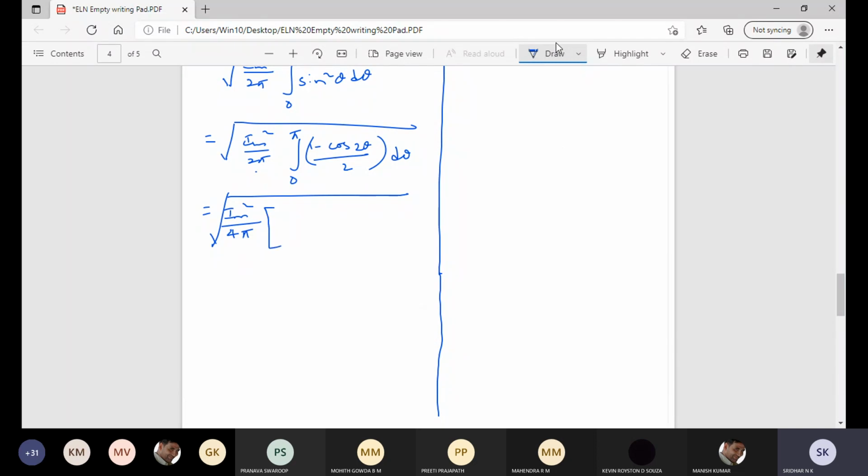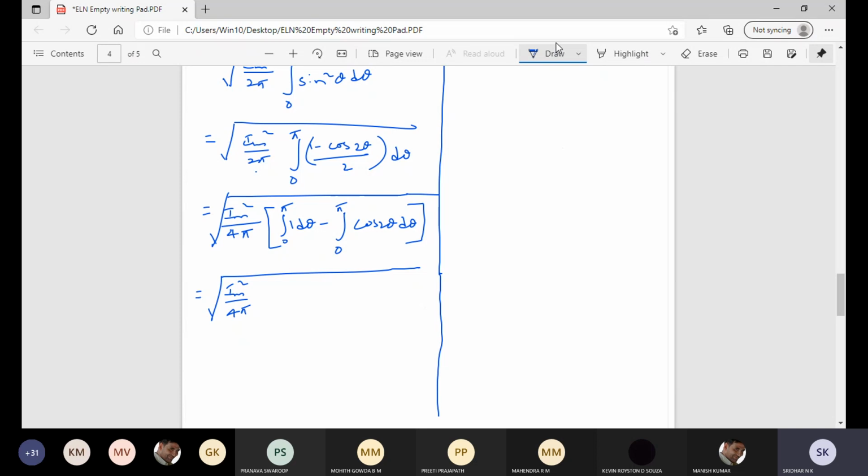I'll write this as, I'll separate this, integral 0 to pi 1 d theta minus integral 0 to pi cos 2 theta d theta. I've just separated this, okay? So what will be next? It will be Im square by 4 pi.